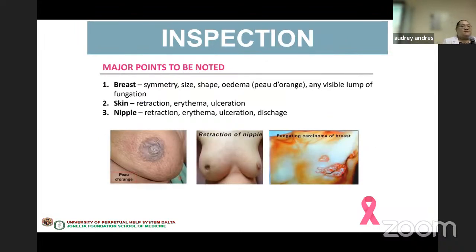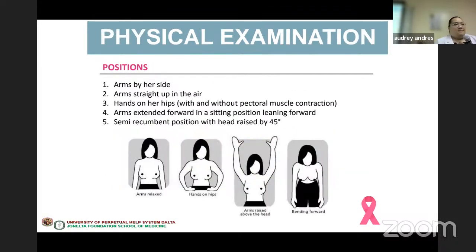How do you inspect? You inspect the breast: symmetry, size, shape, erythema, skin, if there's retraction, nipple, if there's discharge, ulceration. I think it's important that you look at all positions. First, arms relaxed, then hands on the hips, then arms raised, and then bending forward.